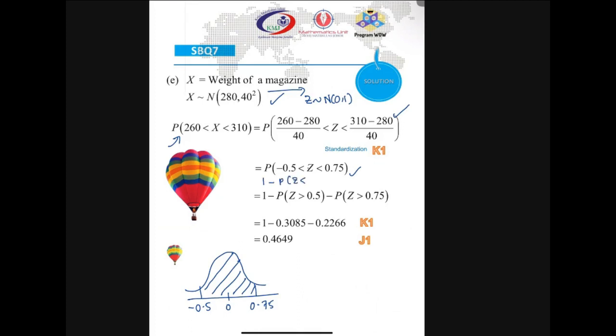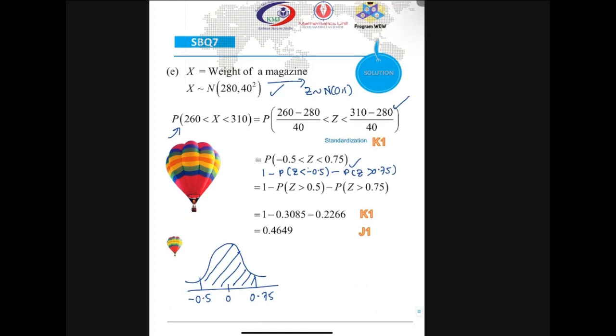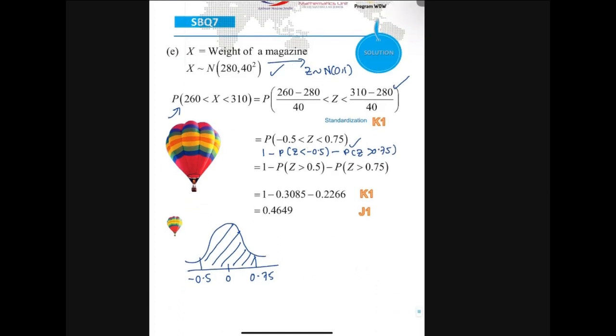Actually, Z must be less than negative 0.5, and then Z greater than 0.75 based on the bell shape. But our standard table cannot have negative numbers, so we have to change the sign. So this would be Z greater than 0.5. And then for both values, we can straight away read from the table. Final answer probability will be 0.4649. And that marks the end of our last question.